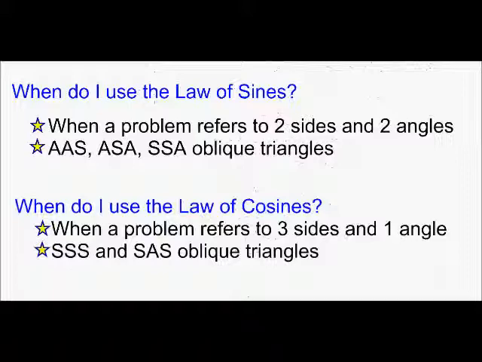Okay. And a little summary / cheat sheet for you. This is our last slide. When do I use the law of cosines? Well, first, when a problem refers to two sides and two angles, because you need to have two sides, two angles to fill in your ratio.